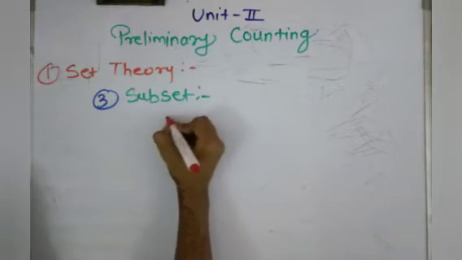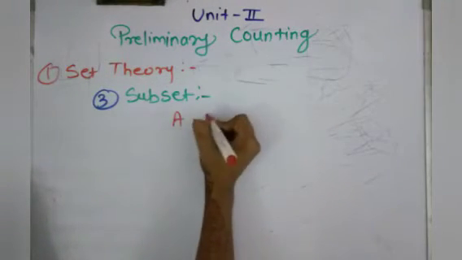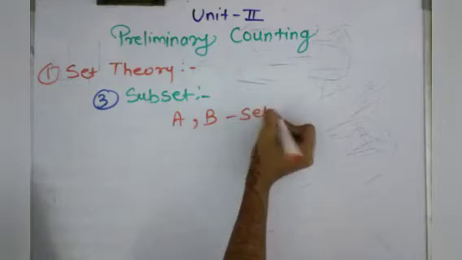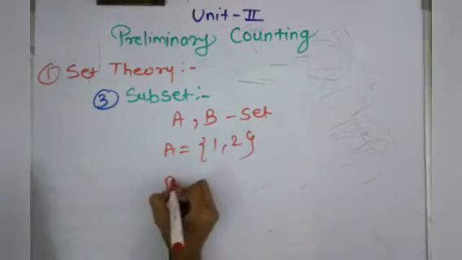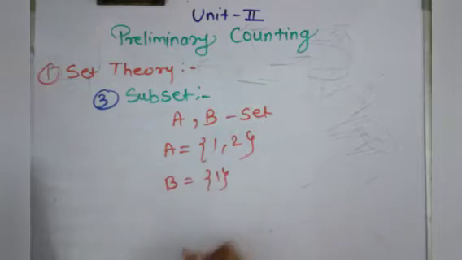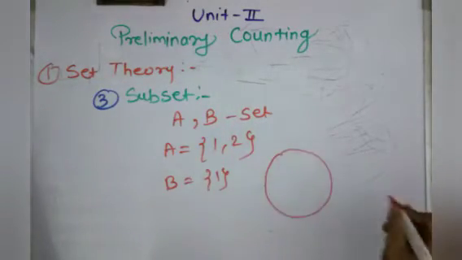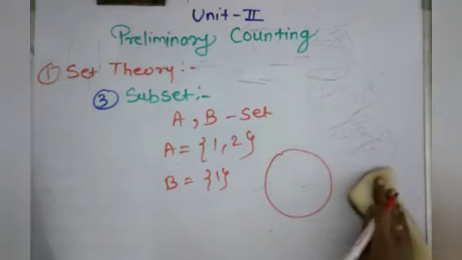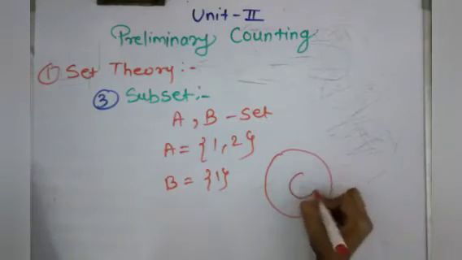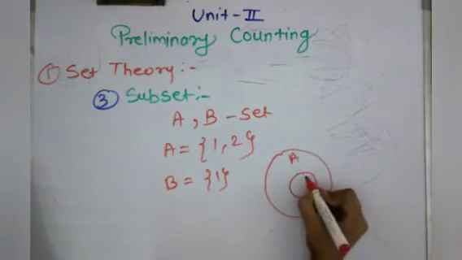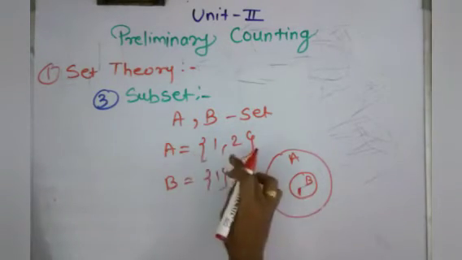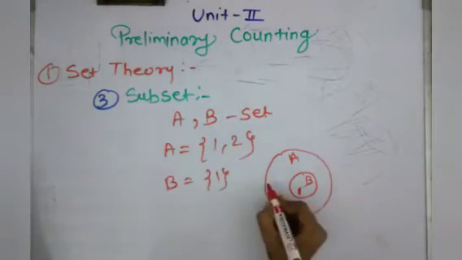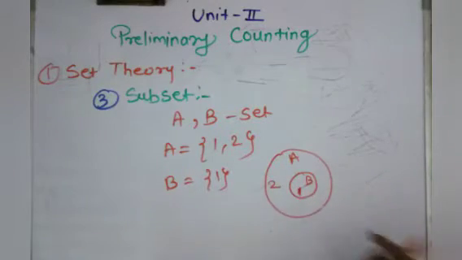Now subset. Suppose we have two sets A and B. A equals {1, 2} and B equals {1}. In B there is only one element and A has two elements, 1 and 2. So 1 is already in A, only 2 remains.